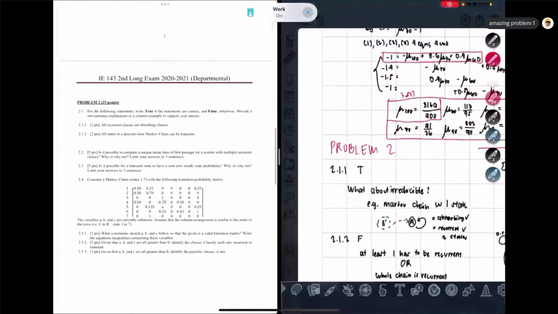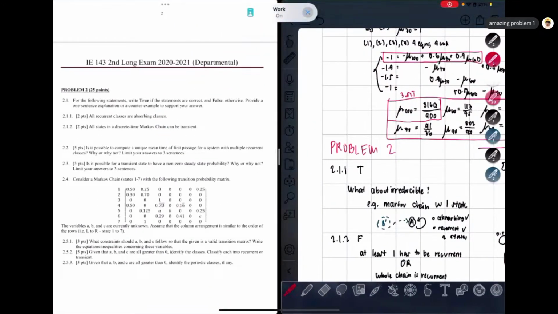Moving on to the second problem. Wait, check ko lang sa messenger. Sorry, I'll just keep it on a separate device. Pero mukhang wala naman. Okay. Okay, cool.